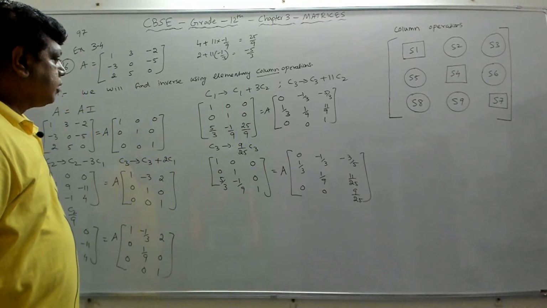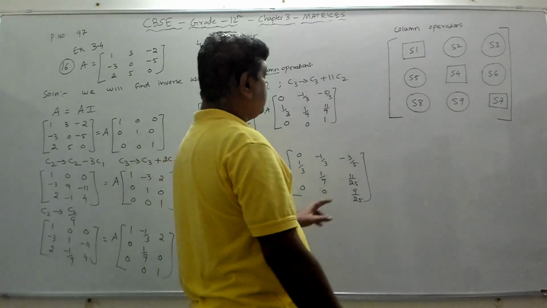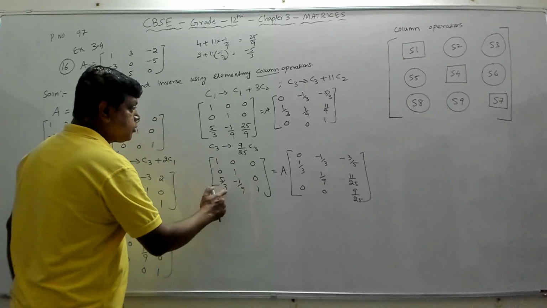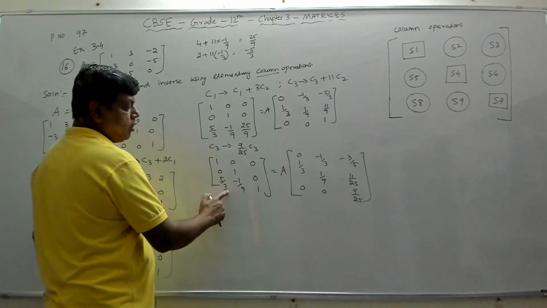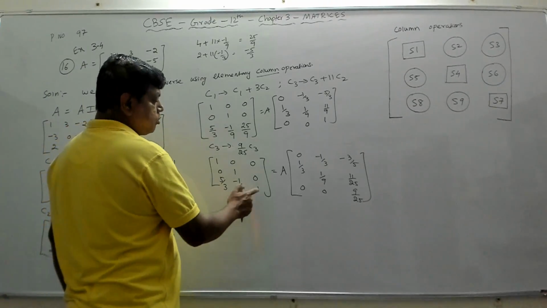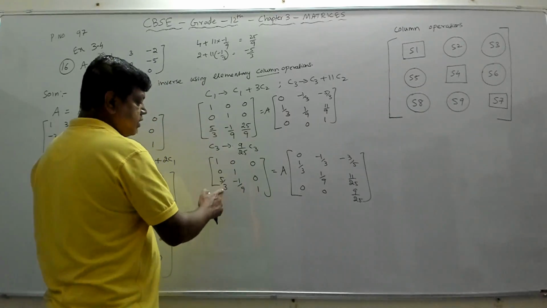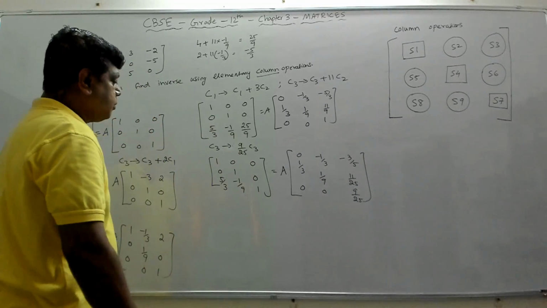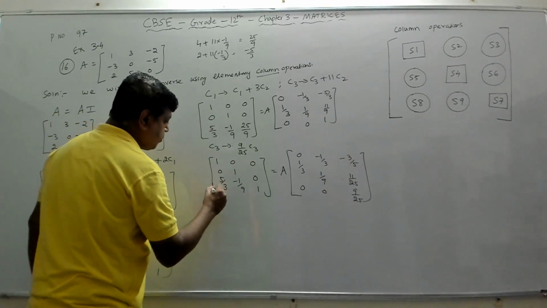Now the next step is we have to make these two zeros using this one. This is S8, this is S9. Step 8, step 9. So we can try to do them again together, in the same step.